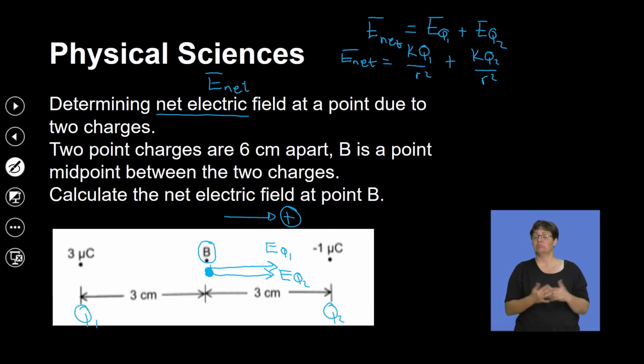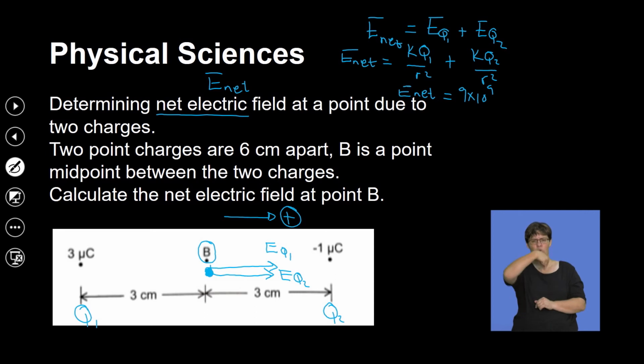Now, if we carry out our substitution for E net, we'll have something of this sort. E net is equal to 9 times 10 exponent 9, okay? Wait a minute. The magnitude of Q1 is given in microcoulombs. So we need to carry out the necessary conversions before we substitute into the equation.